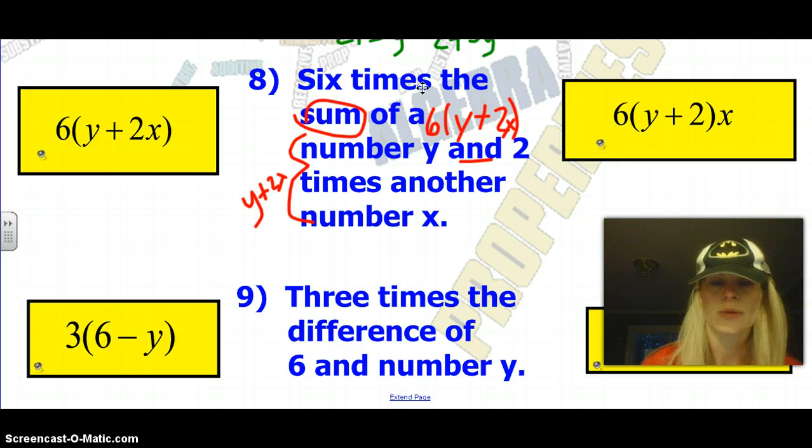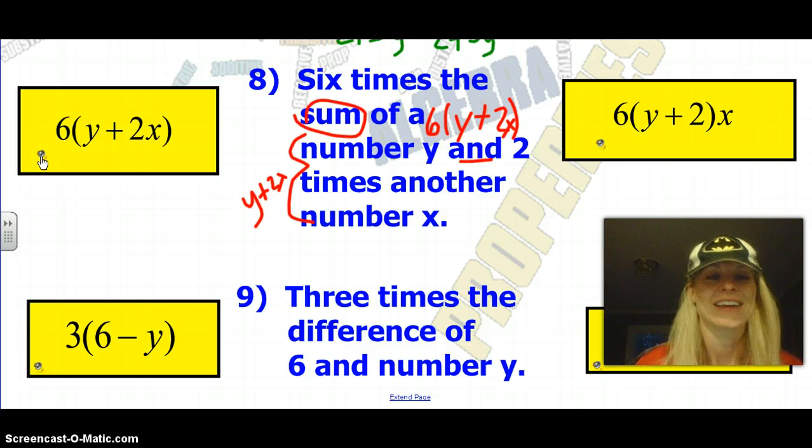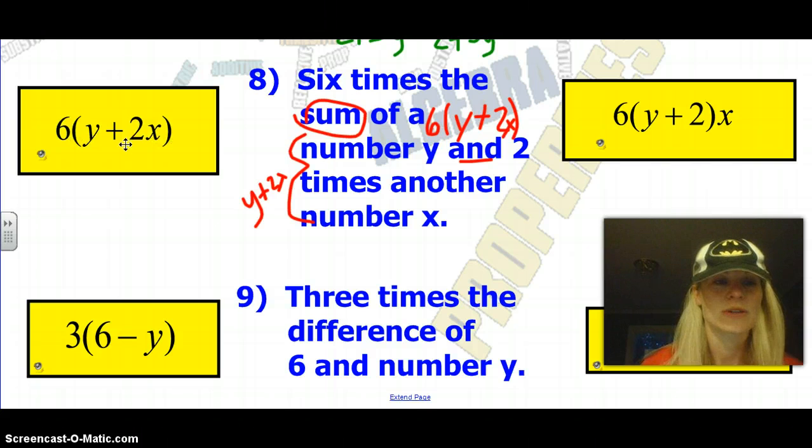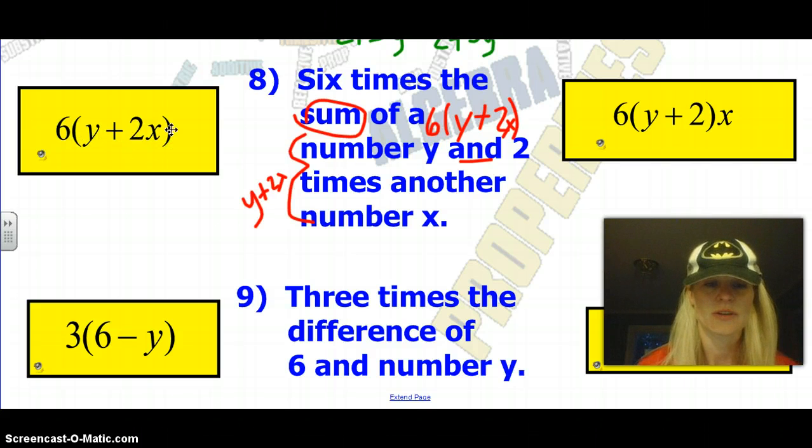That x should have been up here with this part of the problem, if that's the way the equation should have looked. And if we click on that, we know that's not right. So if we look over here, this matches our question here. Okay, and again, this could be written 2x plus y with the commutative property.